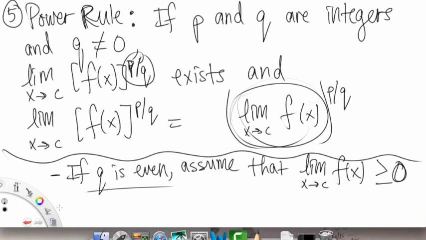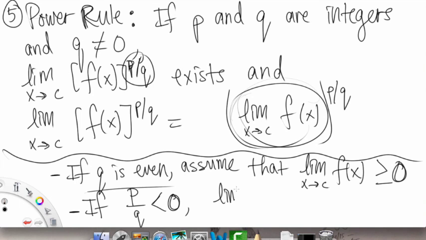Alright, so another case that could arise is if the entire exponent p over q is less than 0, meaning negative, so that would give you a negative exponent, right? So that means it would be 1 over whatever you get, because we have to flip it to the bottom.